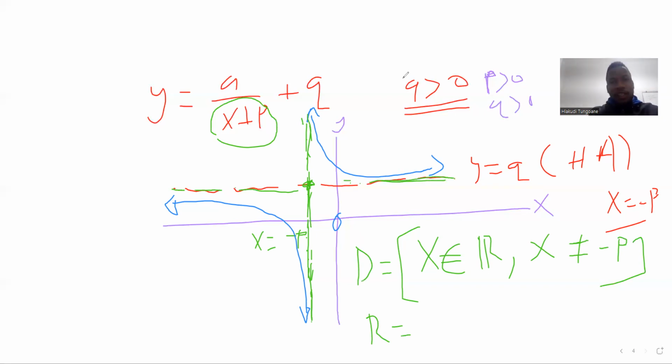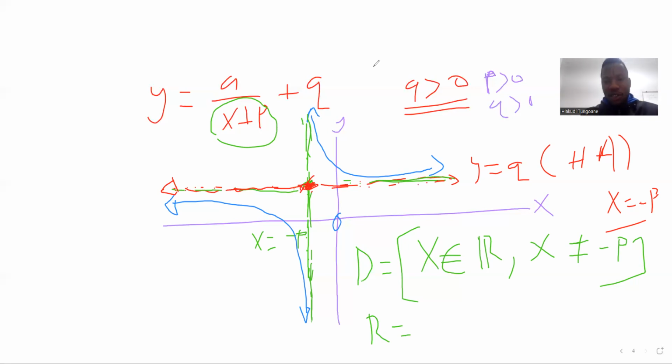It cannot take this y value, because this y value corresponds to, sorry, I mean to say, this is a horizontal asymptote. So yeah, your graph can take anything, all elements of real numbers, but except for this value.